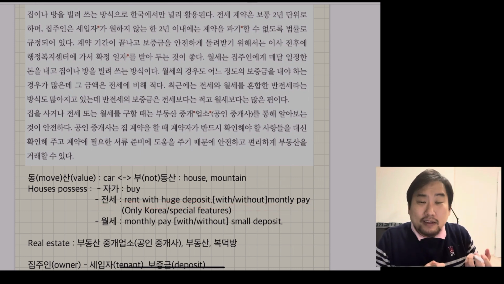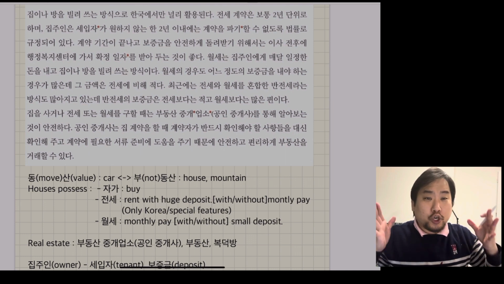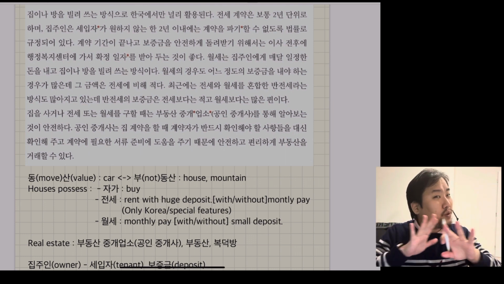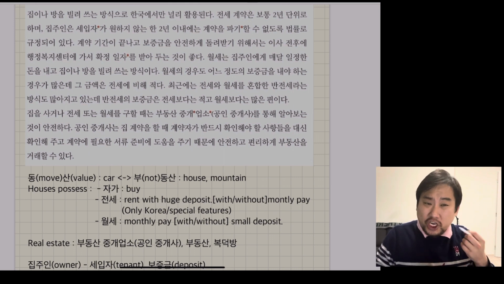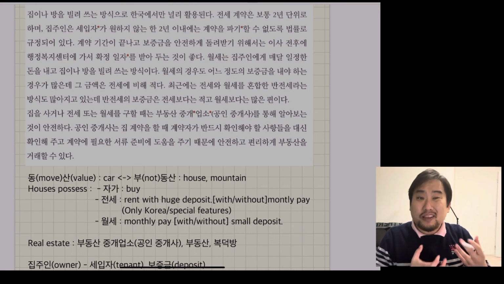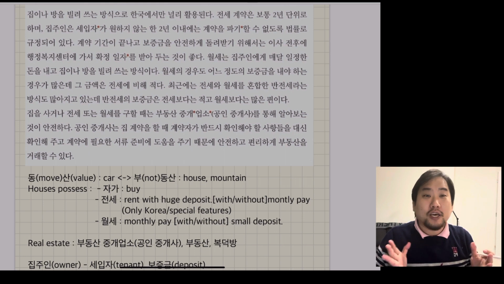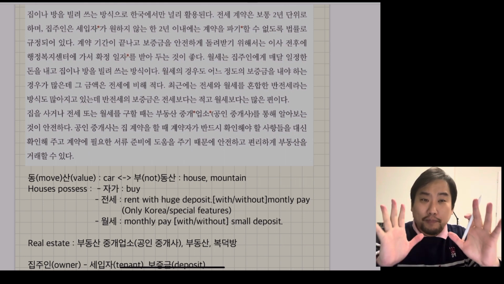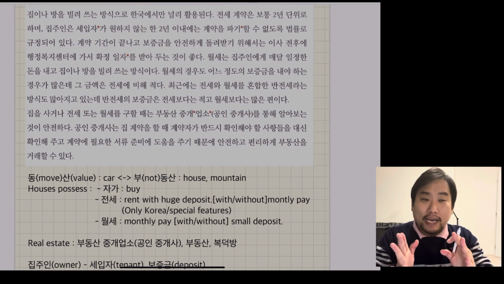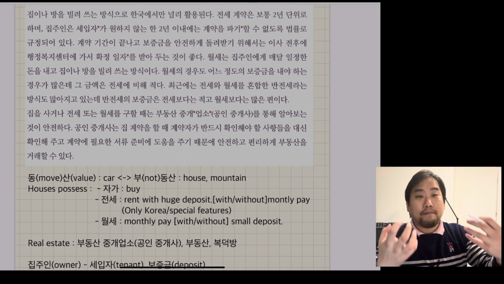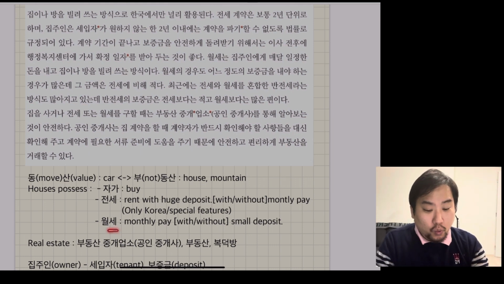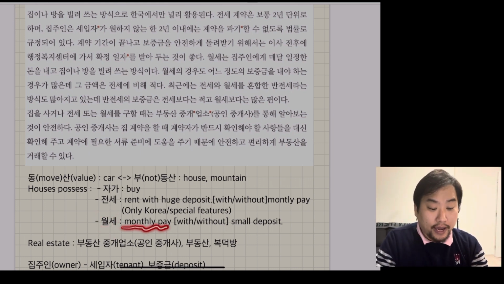Theoretically, 전세 means just a huge deposit without any monthly pay, but now there's something changing there. Theoretically, 전세 means you don't need to pay monthly money, but put a big amount of money at once. It's a deposit. So when you move to another house, you get that deposit paid back. And 월세 is monthly pay with or without a small deposit.